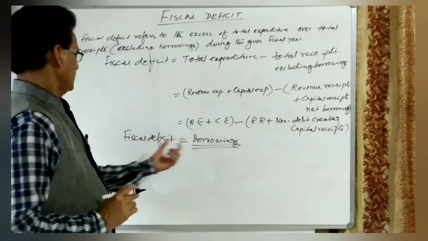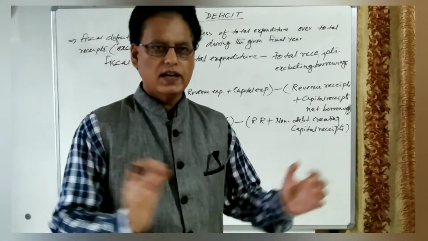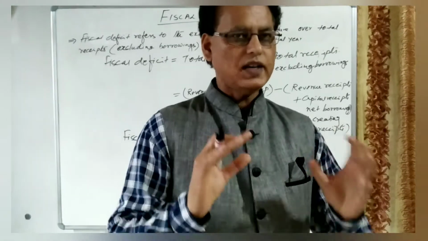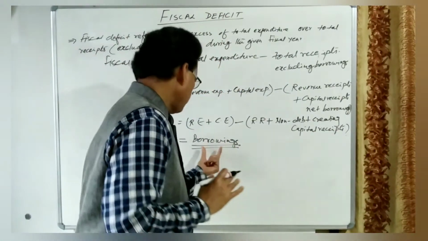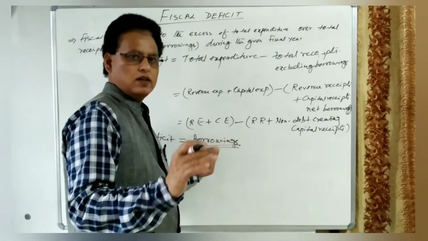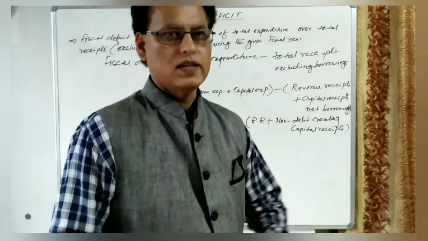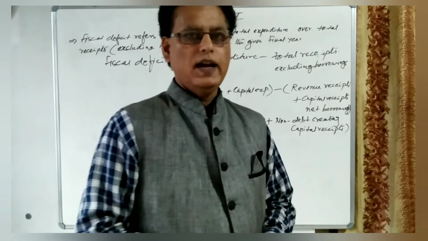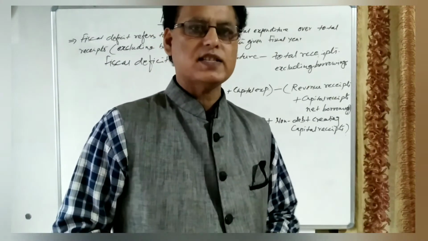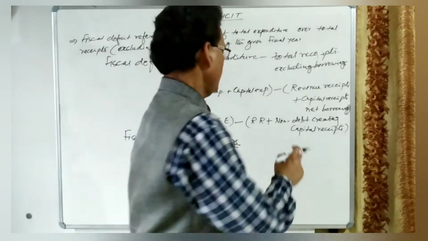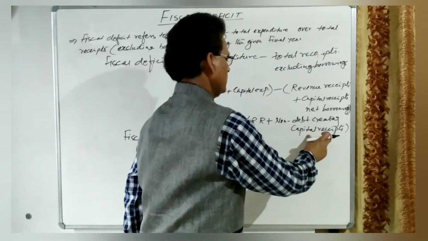So fiscal deficit presents the borrowing requirements of the government. What is the borrowing requirement? Borrowings are the debt creating capital receipt, whereas other receipts such as recovery of loan, disinvestment, as well as small savings are non-debt creating capital receipts.